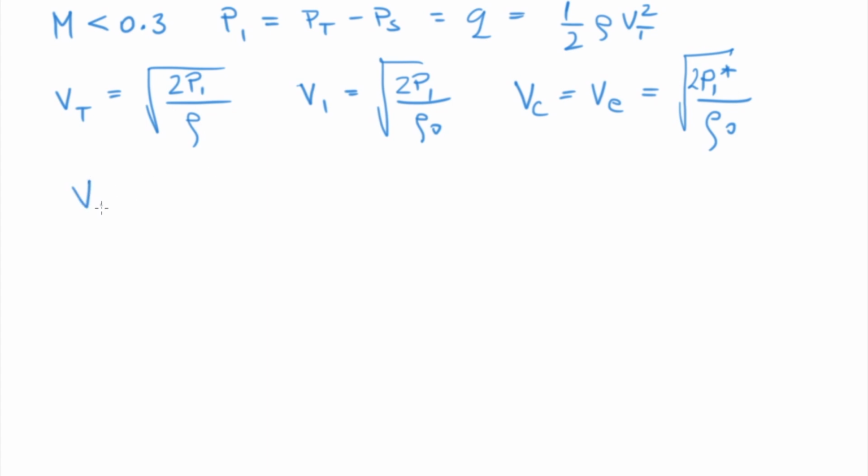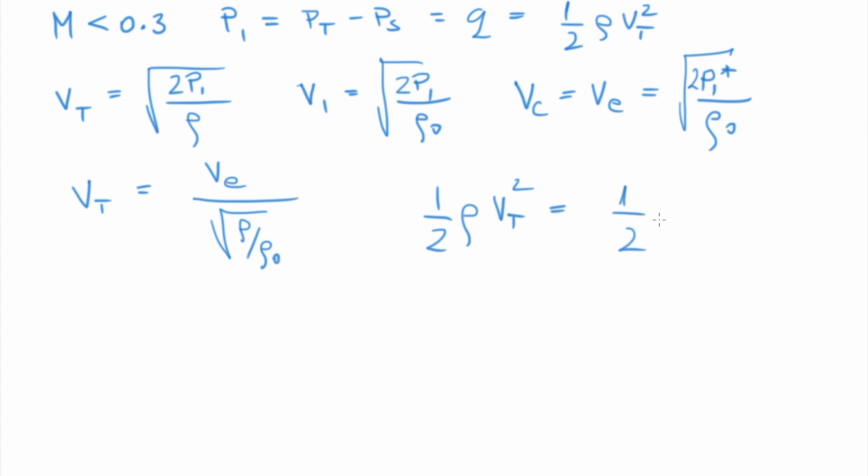The true airspeed can thus be written as V equivalent over the ratio of densities in exactly the same way as we did in the case of the compressible flow. Another way of writing this is half rho Vt squared is equal to half rho 0 V equivalent squared.